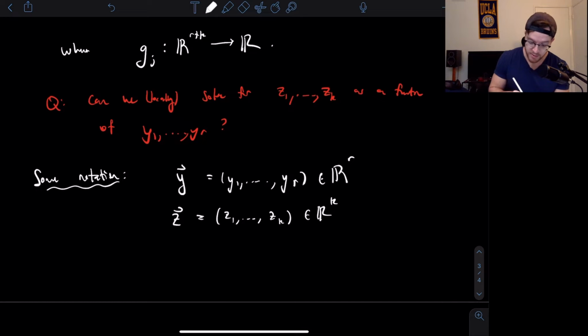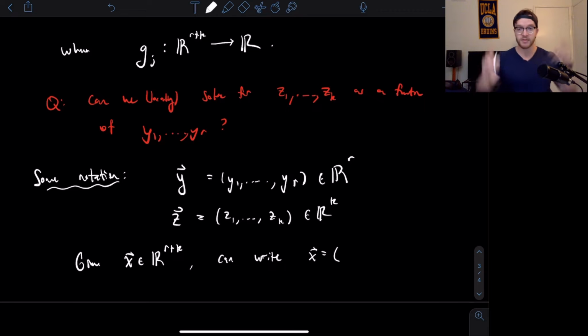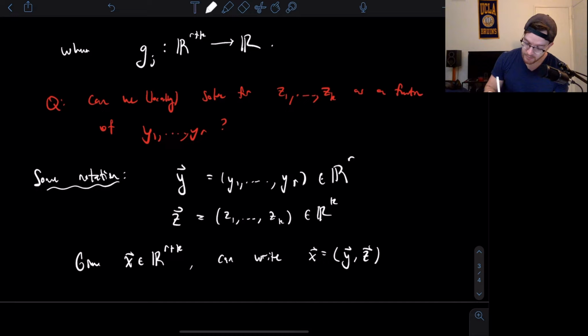So the point then is that given an element of R^(r+k), I can write this as sort of a vector with two components, where each component is a vector, right? It's like the first r things, the y variables, followed by the z variables. So that'll make my life a lot easier.